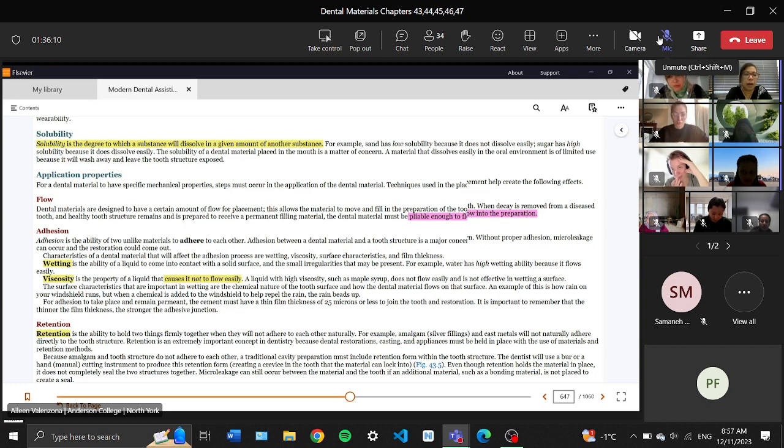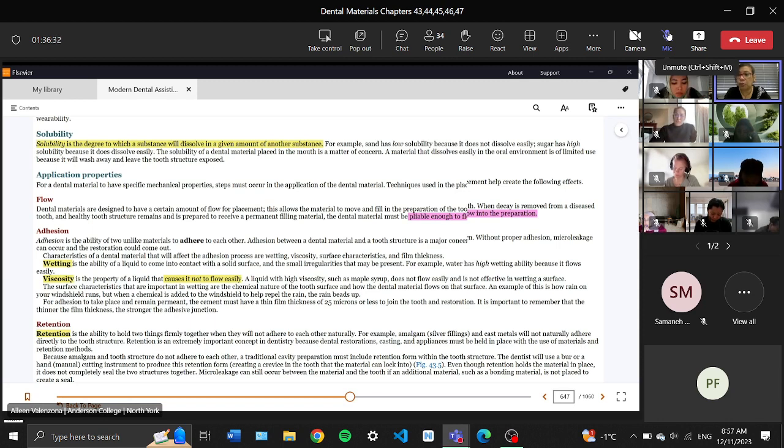All right. Flow. Flow dental materials are designed to have a certain amount of flow for placement. Flow meaning they will flow, right? We cannot place a material that is so hard and then we cannot distribute it. So they need to flow. This allows the material to move and fill in the preparation of a tooth.